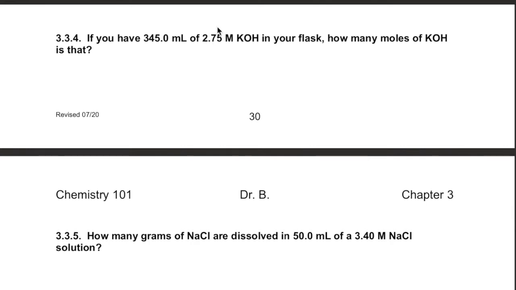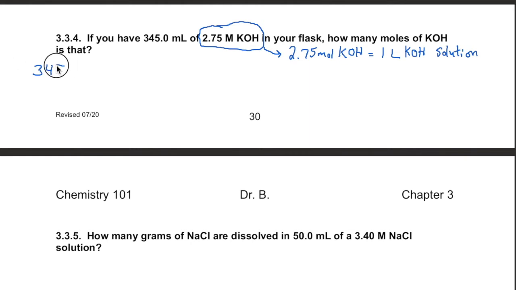All right, here we have another problem that gives us a concentration. And usually when we're given a concentration, we can be pretty sure we're going to be using that concentration to do a conversion because it's a relationship. It's a relationship between the 2.75 moles of potassium hydroxide that are in every 1 liter of our potassium hydroxide solution.